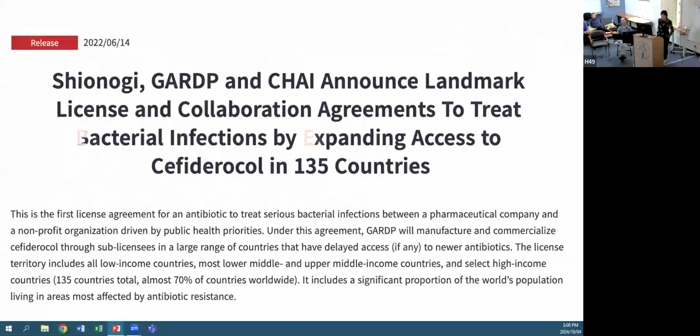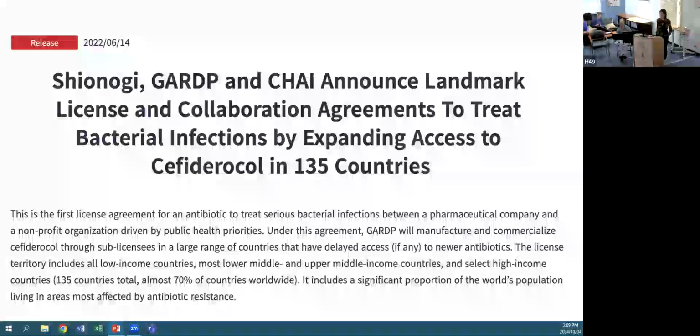authorities. But the good news is that in 2022, Shionogi and GARD-P announced a groundbreaking license and collaboration agreement. The Global Antibiotic Research and Development Partnership, also known as GARD-P, is a Swiss nonprofit organization created by the WHO to ensure that everyone who needs antibiotics receives effective and affordable treatment, no matter where they live.